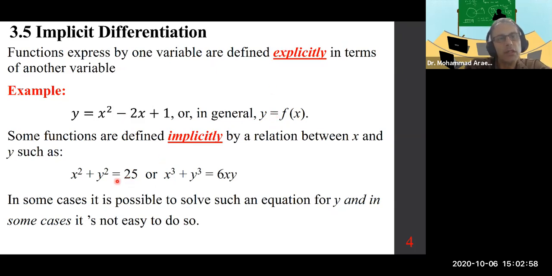However, if you look at this case, or this case, those are known as implicit functions. That means, in essence, x and y are intertwined. Sometimes it's easy to solve for y and go back to the explicit format. Sometimes it's not. That's why we need to use both methodologies.